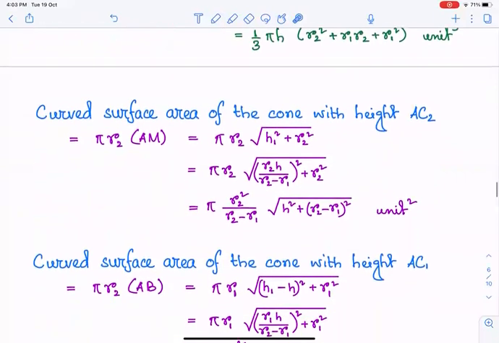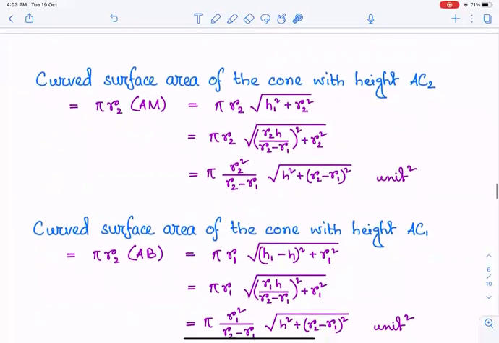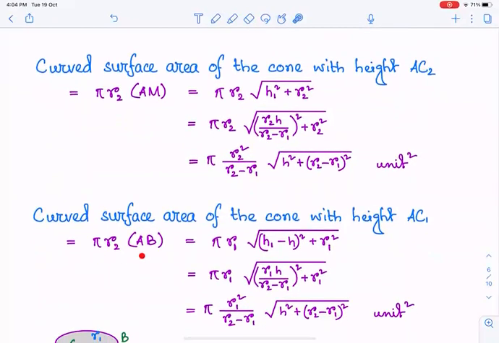Whereas the curved surface area of the cone with height AC1 can be similarly found as pi r1 into AB, that is pi into r1 square by r2 minus r1 into root over h square plus r2 minus r1 whole square.